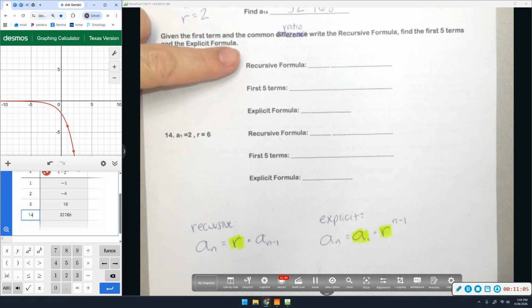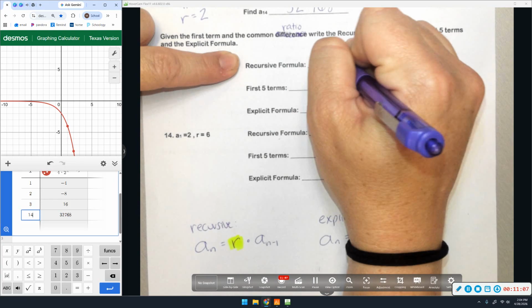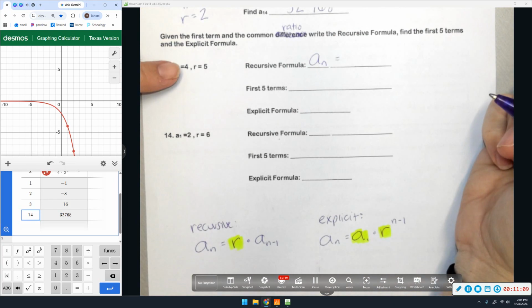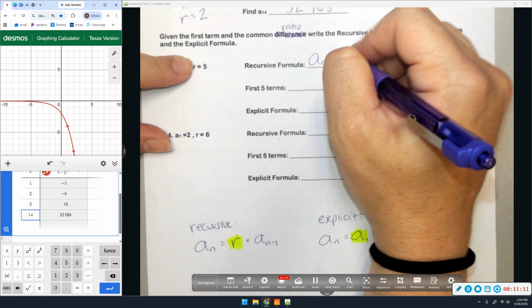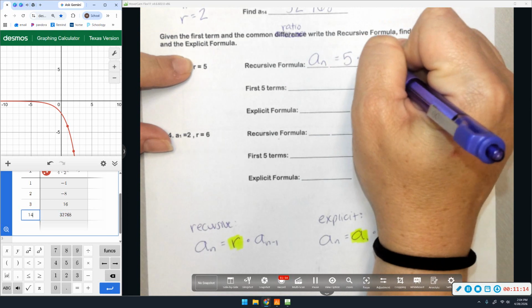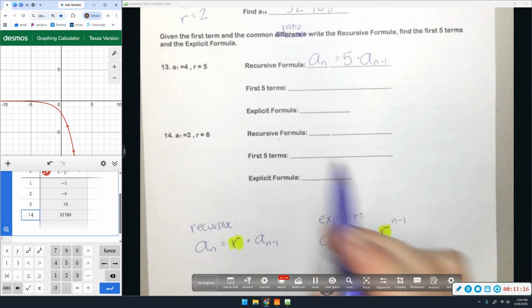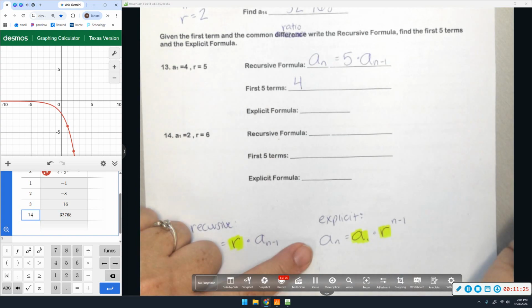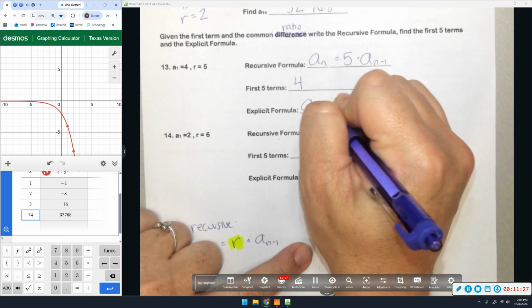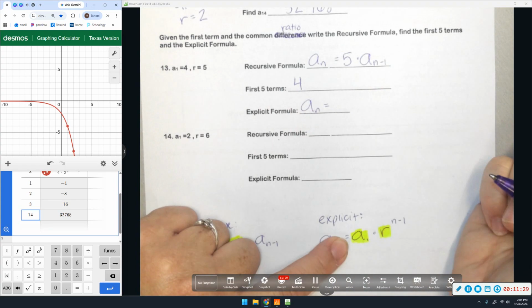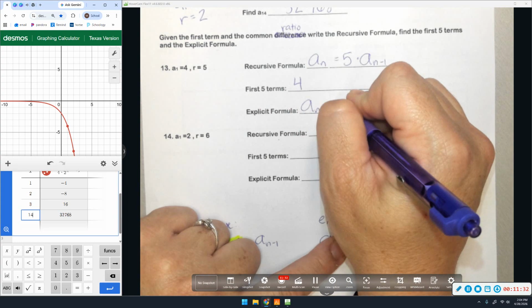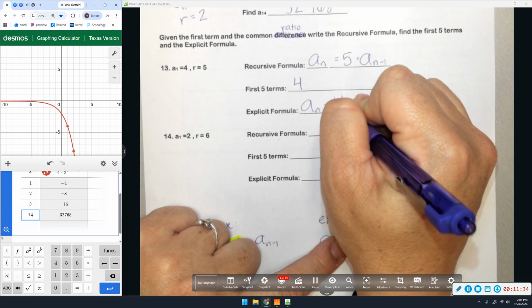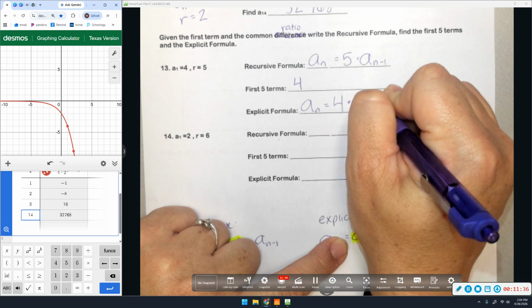So for the recursive, a sub n equals, what's my r here? 5. It tells me, times a sub n minus 1. And I'm not even going to come up with the first 5 terms by myself. I know my first term is what? It's 4, it tells me. So I'm going to go ahead and plug in the explicit formula. So a sub n equals, what's my a sub 1? What's my first term? 4 times my r to the n minus 1 power.